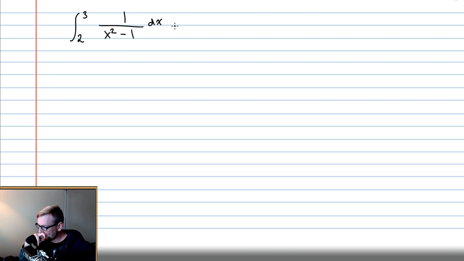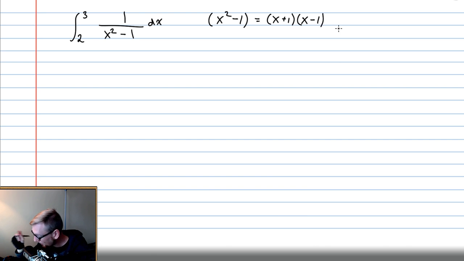Well, we will split it up. X squared minus 1 is the difference of squares. X squared minus 1 is equal to x plus 1 times x minus 1. Okay. Then this integral from 2 to 3 is going to be split up to 1 over x plus 1 times x minus 1 dx.